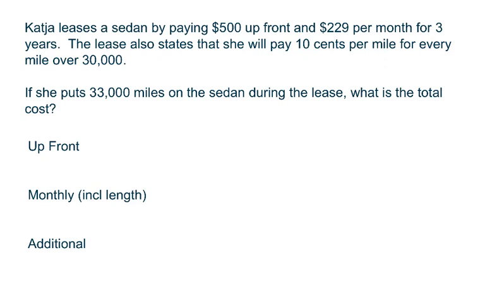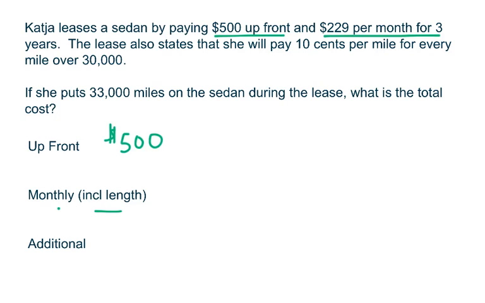The upfront cost that she paid. Well, when she started out, her upfront cost was $500. The monthly cost, which includes the length of the lease, was $229 per month for 3 years.